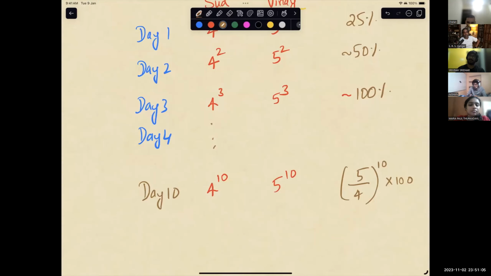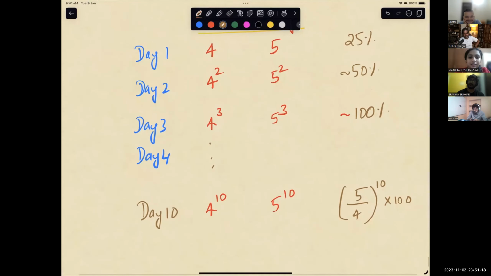Correct? Percentage. It should be 5 to the 10 minus 4 to the 10, over 4 to the 10, right? 5 minus 4.